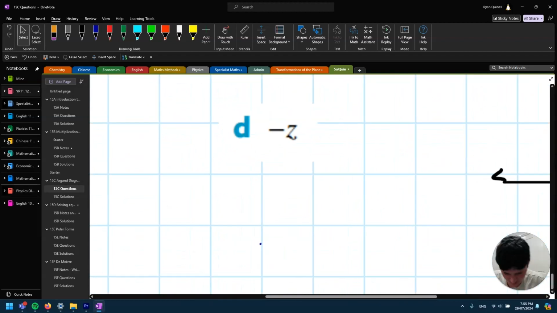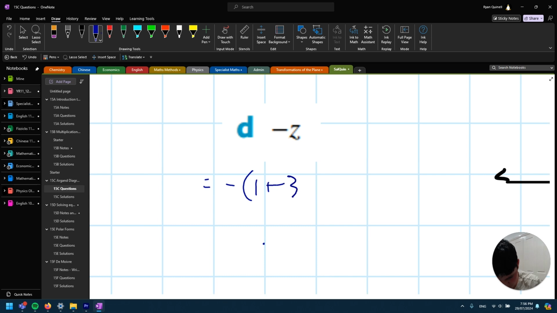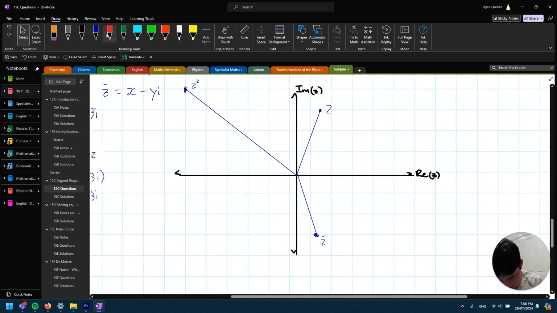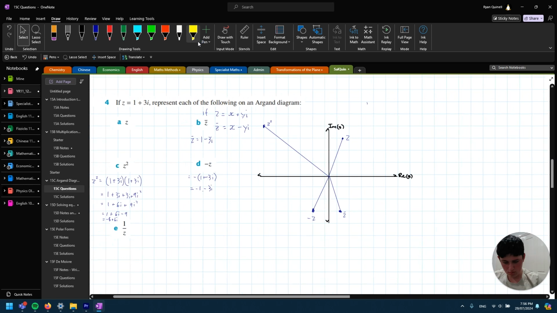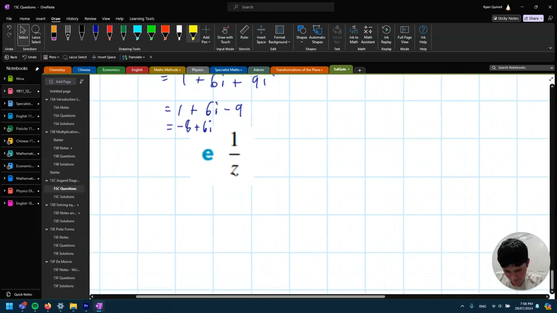Negative Z, it's pretty self-explanatory, equals negative of 1 plus 3i, equals negative 1 minus 3i. So it's this, negative Z. As you can see, we're making our way around here.